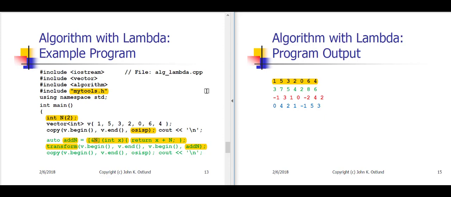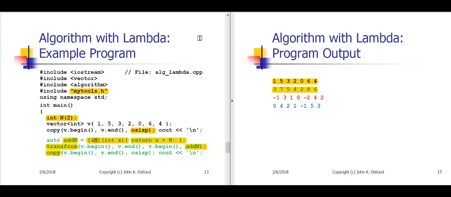And so the upshot should be, when I look at the result in this green copy algorithm, I should now have in v the same values where each value has been increased by 2. And that's exactly what I see. So 1 got replaced with 1 plus 2 is 3. 5 got replaced with 5 plus 2 is 7. 3 got replaced with 3 plus 2 is 5, etc.